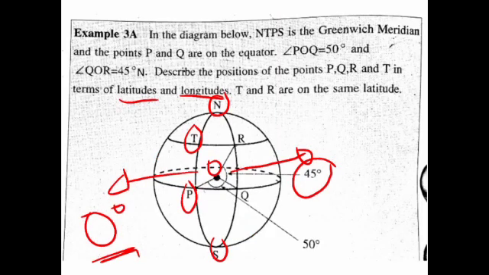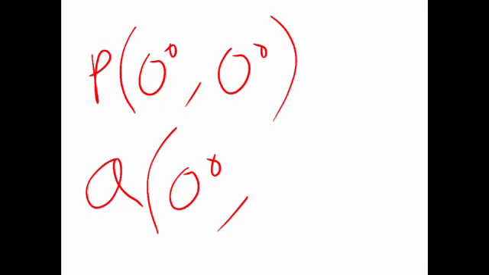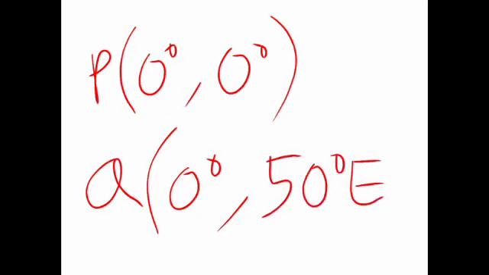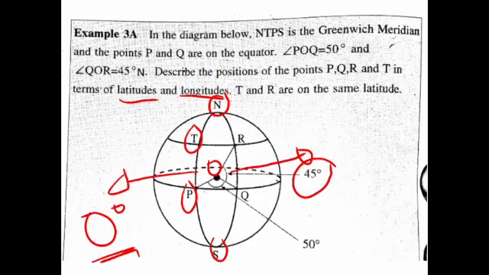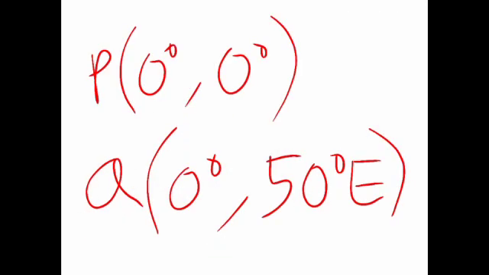Point Q is lying on longitude 50 degrees east. I know it's 50 degrees east because even R is lying on the same longitude, and we said R is lying on longitude 50 degrees east. So even Q is lying on longitude 50 degrees east. I hope you will find the same solutions as well.